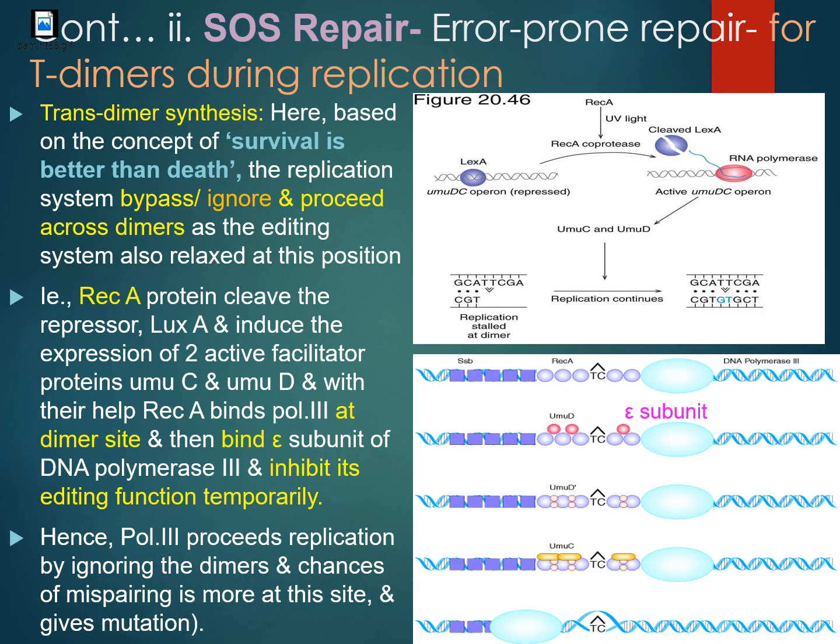It binds there, and then it will bind to the epsilon subunit of the polymerase enzyme, and it will halt the process, and it will suppress or silence the activity of epsilon of the polymerase, so that the polymerase will just skip this mutation area and proceed.